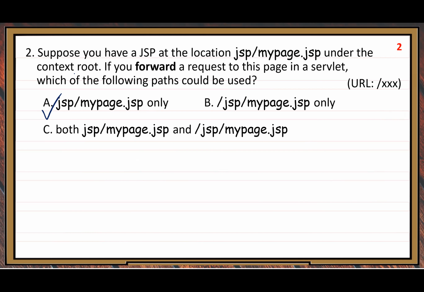In the previous question, A option is correct, so here it is also correct. But for B option, because that's an absolute URL, the story is different.